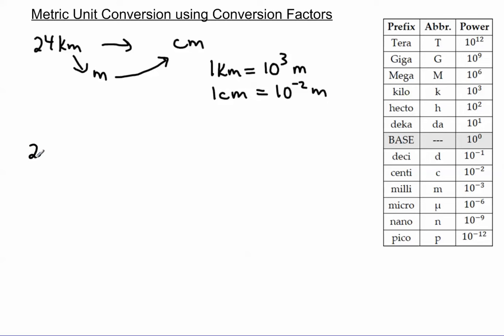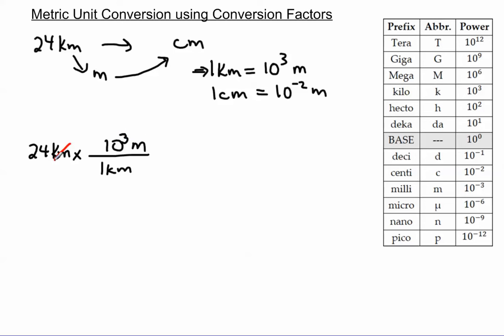So let's use our conversion factors. We have 24 kilometers. We're going to multiply it. We use this first: 1 kilometer equals 10 to the positive 3 meters. So our kilometer goes in the bottom because we need to cancel the kilometers. We have 10 to the positive 3 meters on top.